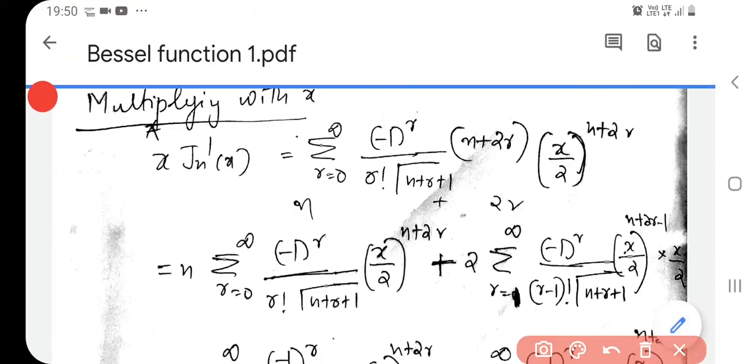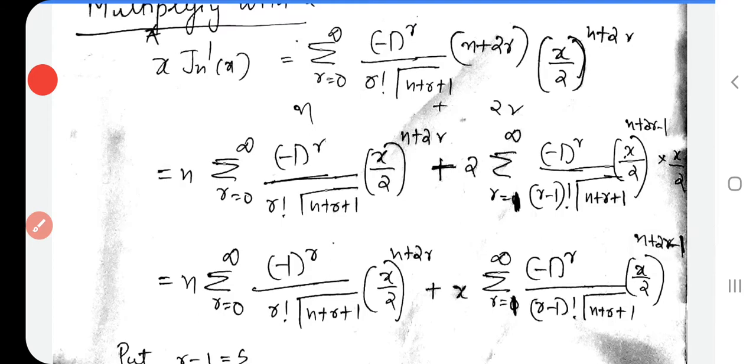Now we are separately writing the term corresponding to n and 2r. We are expanding this, so n is coming here and 2r comes here, and this 2r, as it combines with the r factorial in the denominator, you will get r minus 1 factorial in the denominator.